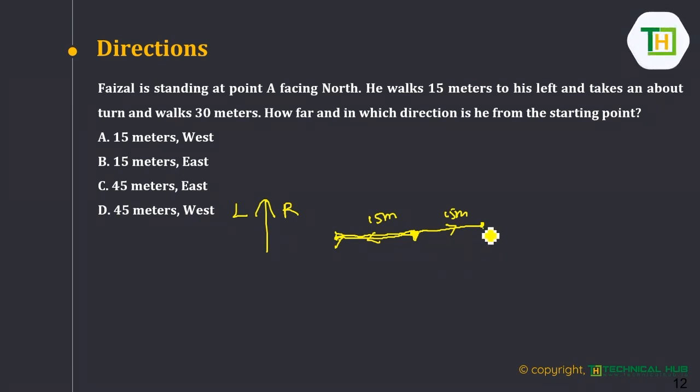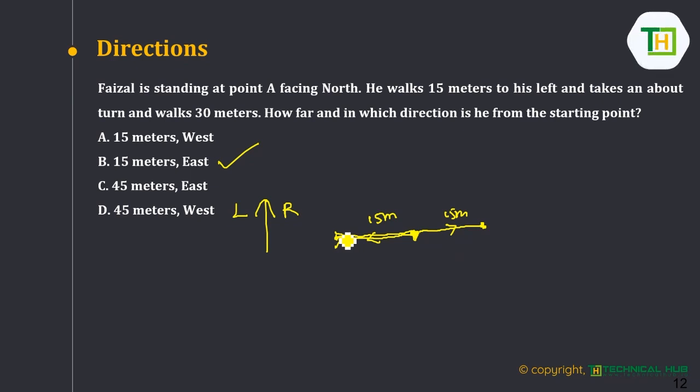How far means what is the distance, 15 meters. With respect to the starting point, which direction? East direction. So 15 meters east is the correct answer. Faisal is standing at a point A facing north, so this is the left hand and this is the right hand. He walks 15 meters to his left, towards west.